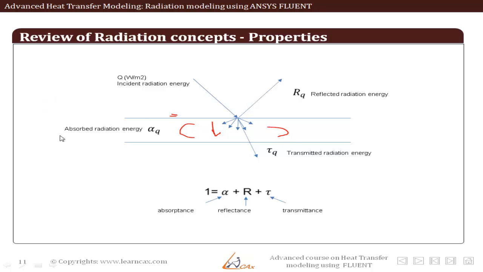This is known as absorbed radiation energy, that is alpha Q. This incident radiation can also be reflected back. This is known as reflected radiation energy, that is rho Q. And some of the radiation energy or rays can pass through the material and come out of it in the opposite direction. This is known as transmitted radiation energy, that is tau Q. So the total incident radiation energy can be absorbed, reflected, or transmitted.